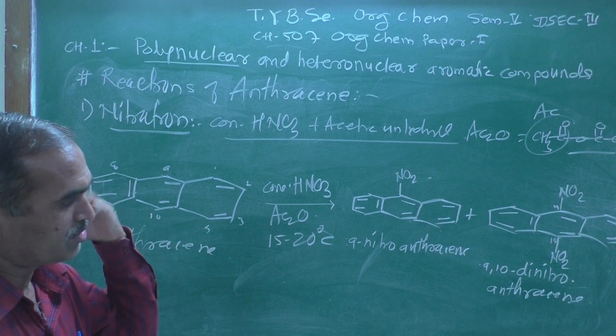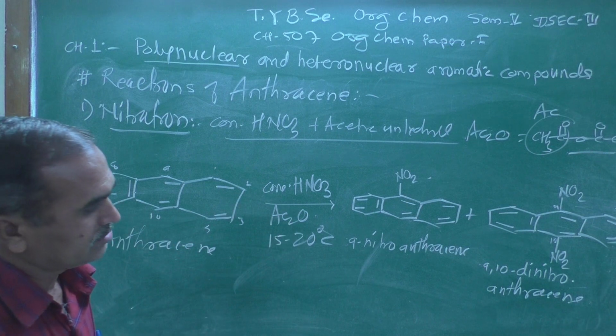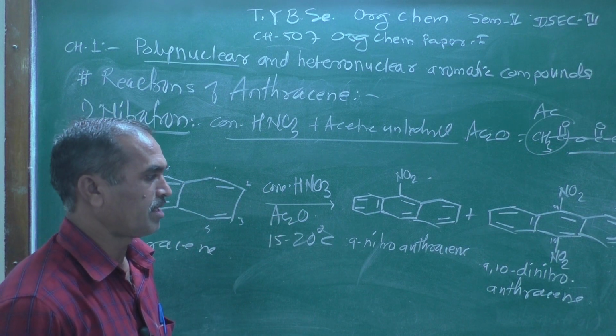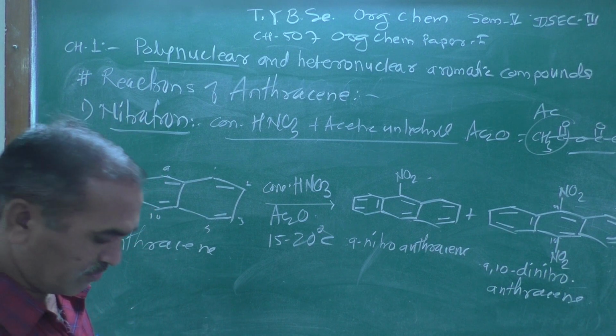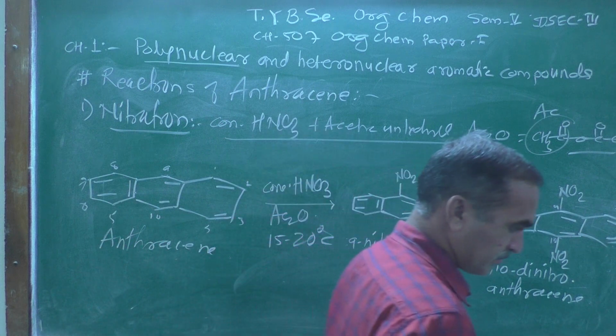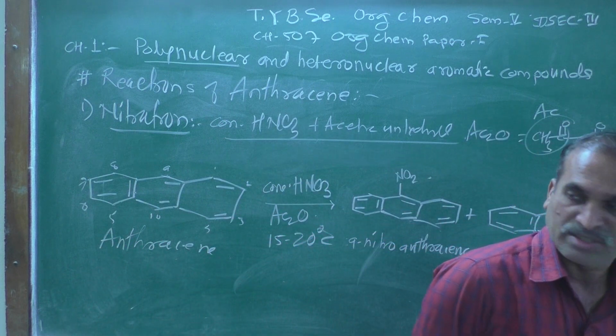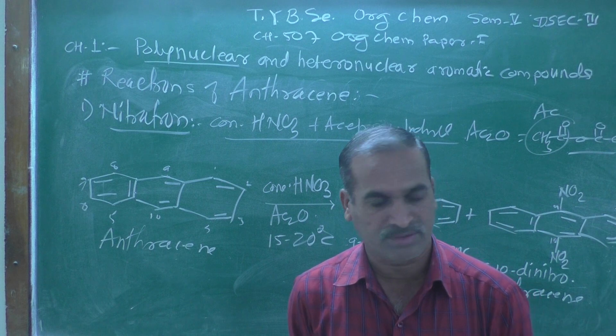One is 9-nitroanthracene and another one is 9,10-dinitroanthracene. These are the two products, and more than two products can be formed. There is a problem of separation.